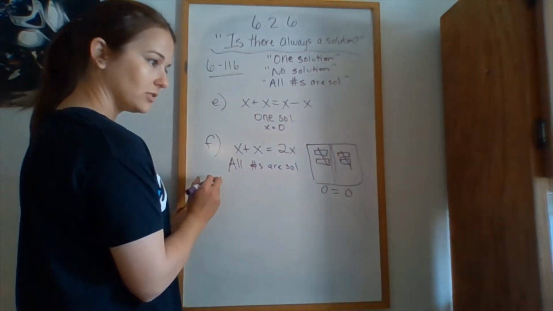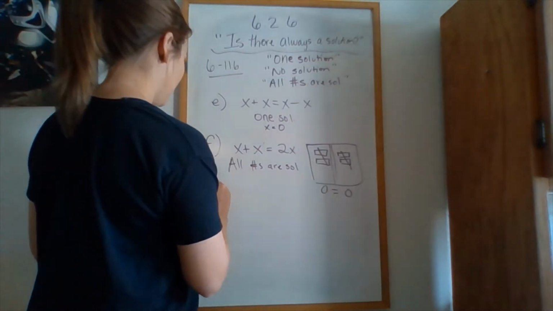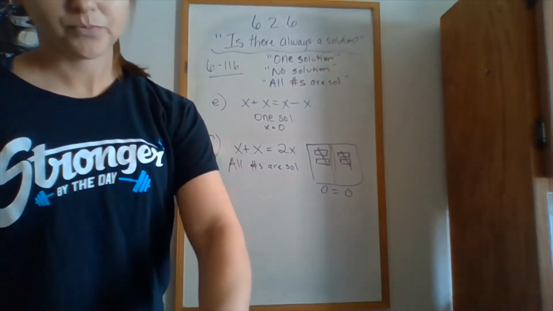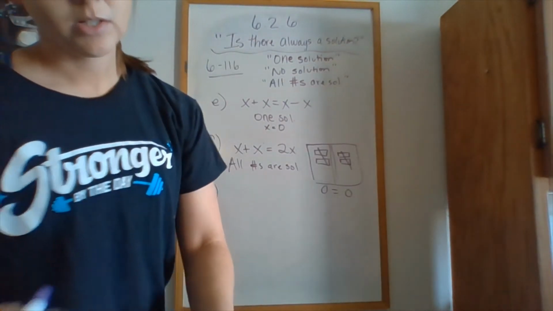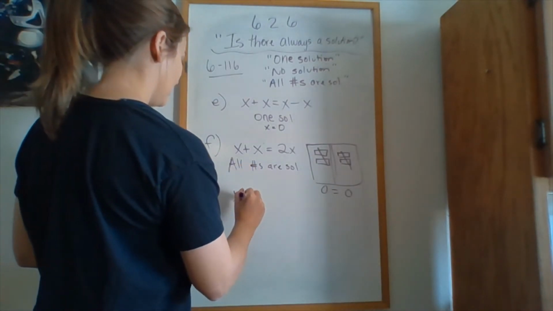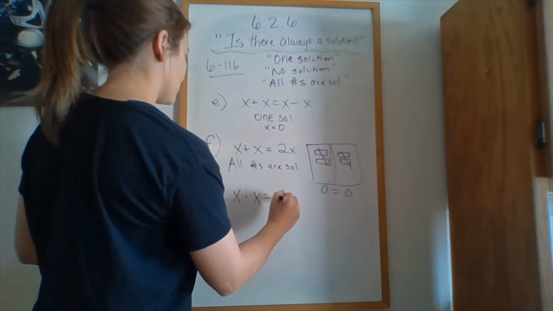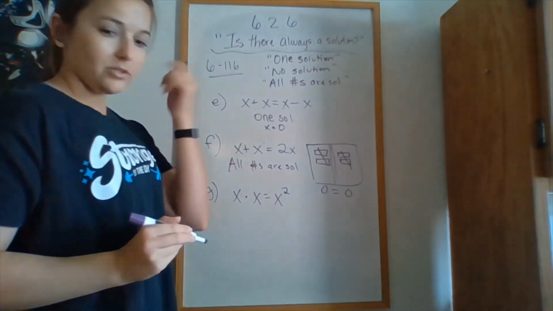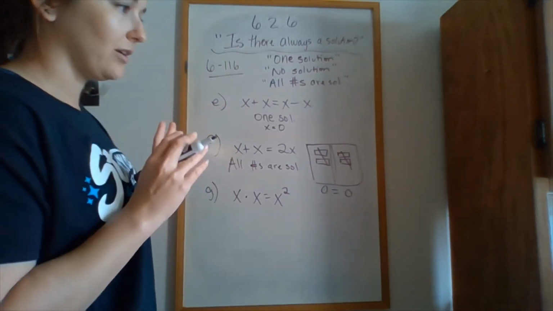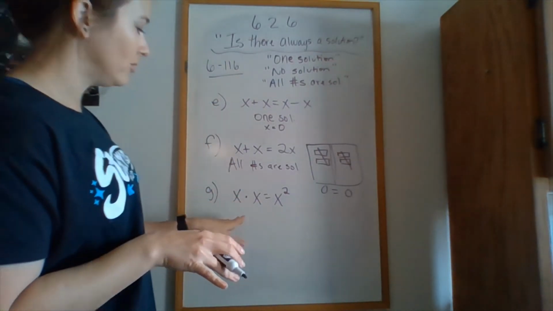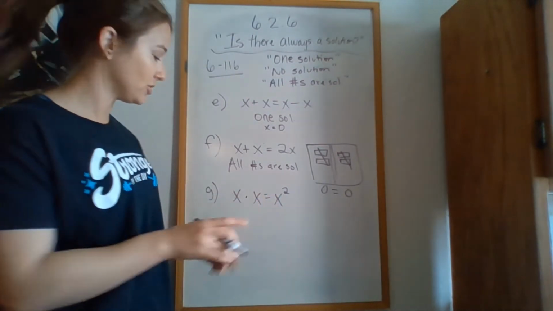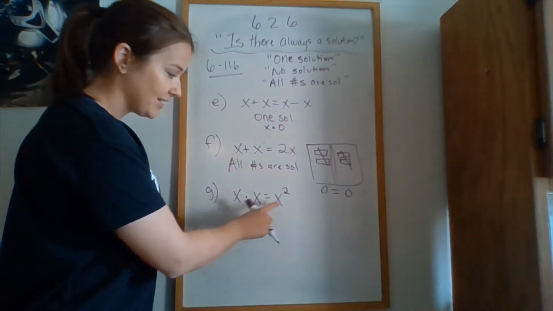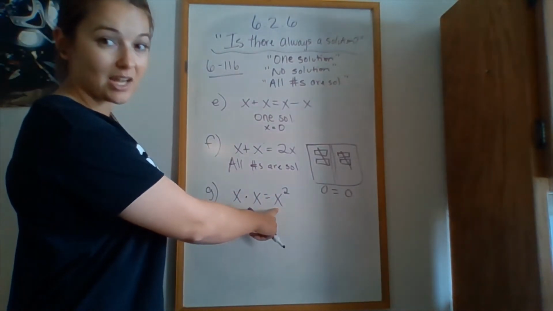Always. Right, part G says x times x equals x squared. So this one, I can look at it automatically, and I know all numbers have to be solutions because x times x is the same thing as saying x squared.